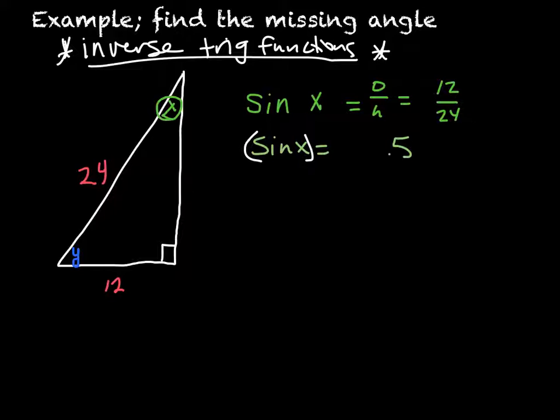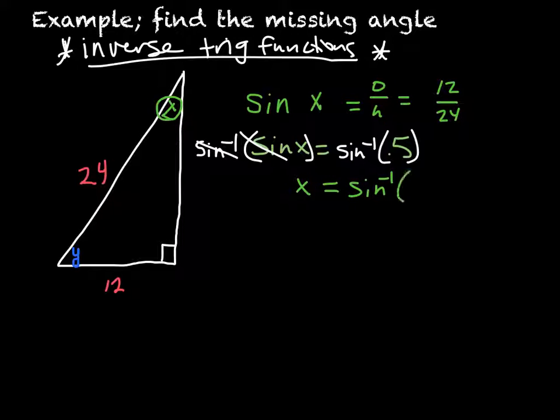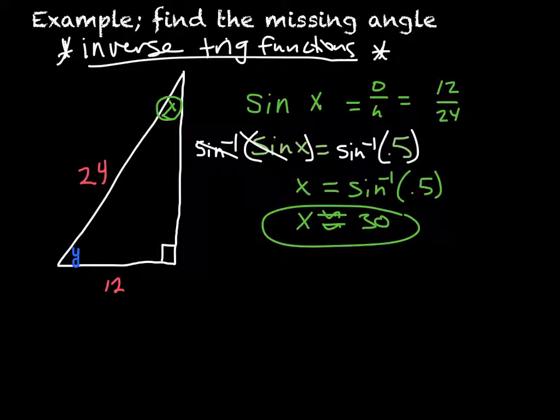So I'm going to take an inverse sine of both sides, and that's going to cancel that part out. So I'm left with x equals the inverse sine of 0.5, which I can just type into the calculator and get x equals 30. So that would be your final answer.